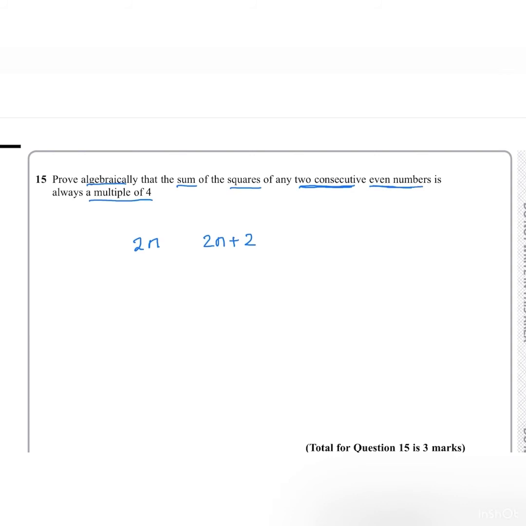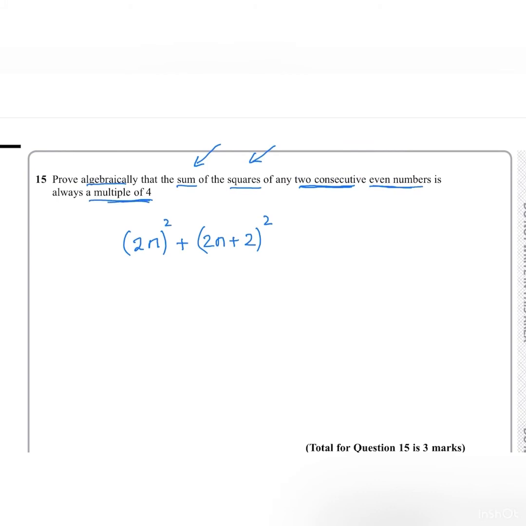Okay, so after you've chosen your numbers, it says show that the sum of the squares, so sum means adding and squares mean we are going to square these numbers. Okay, so prove algebraically that the sum of the squares of any two consecutive even numbers is always a multiple of 4.